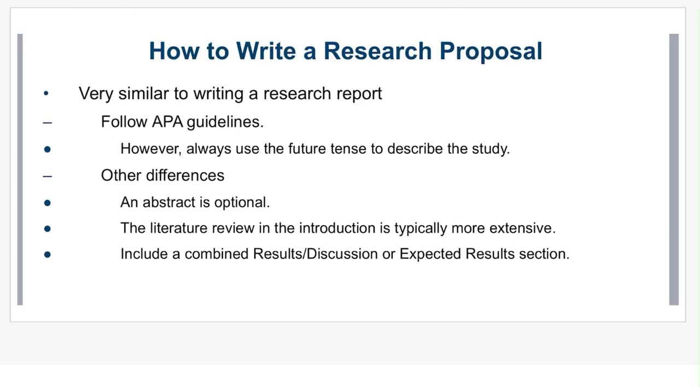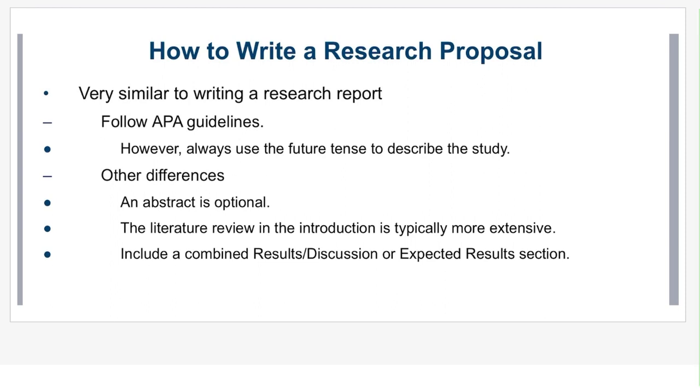A lot of times when they go to the research report phase, they will pare that literature review down somewhat. And then the results or discussion section, obviously you don't have results yet because it is a proposed study. And so a lot of times they will combine results and discussion, or it'll be labeled expected results.